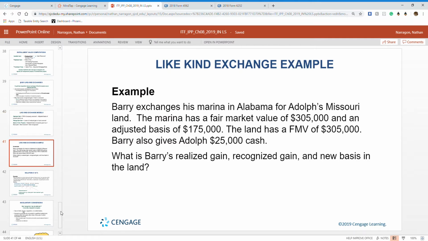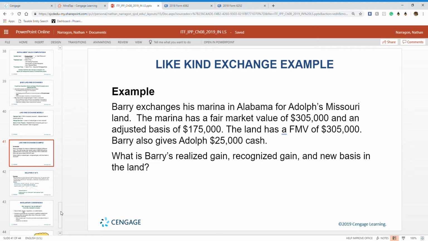So, example right here, Barry exchanges his marina in Alabama for Adolph's Missouri land. The marina has a fair market value of $305,000 and an adjusted basis of $175,000.